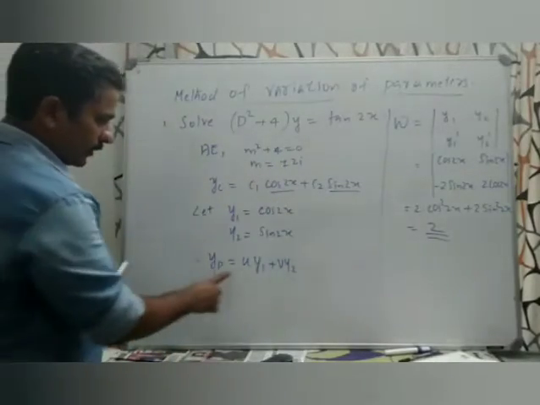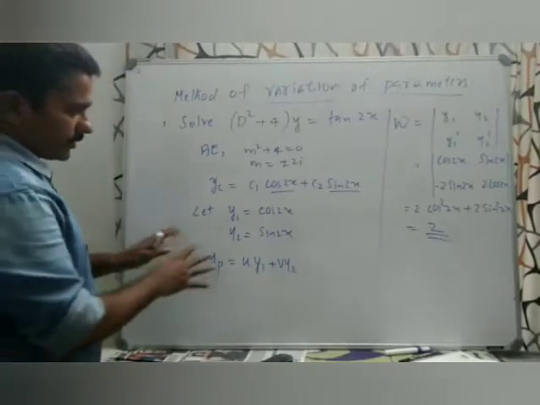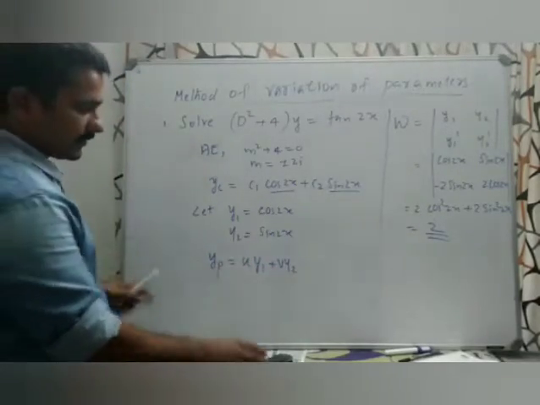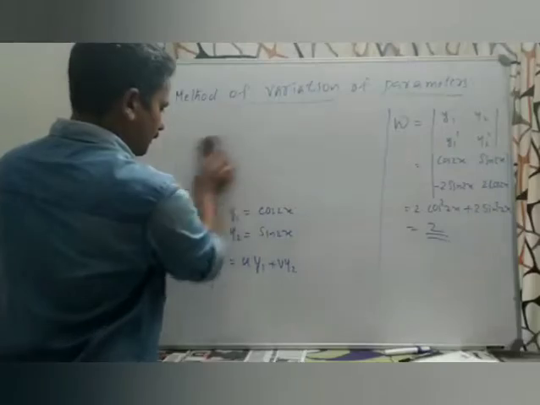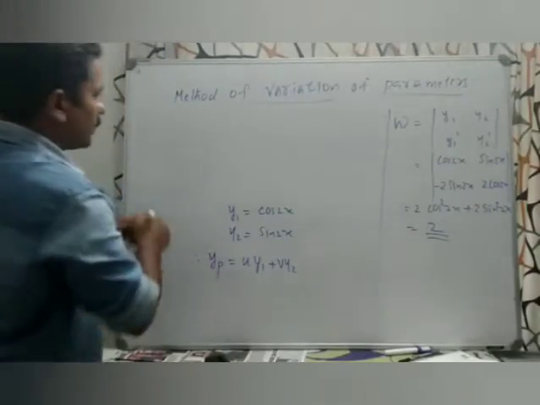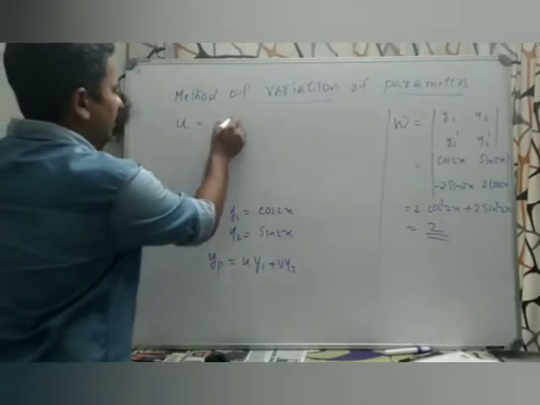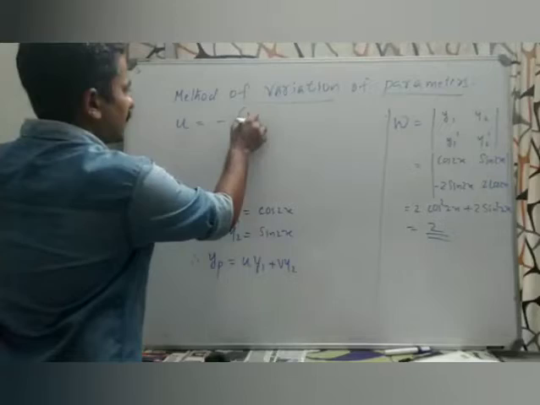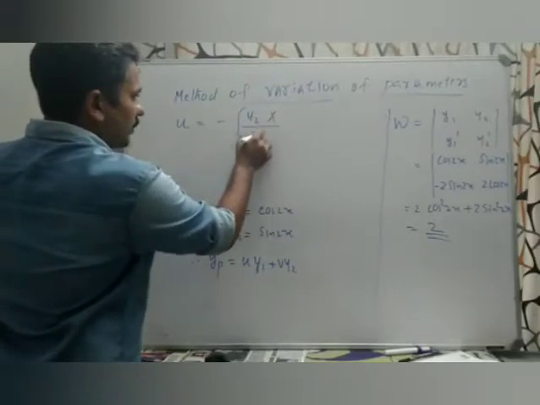Now we are going to calculate u and v. So I'll erase this. So u is equal to, this is a formula, negative integral y2 x over w dx.